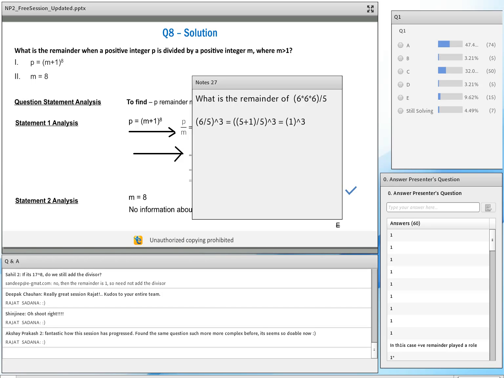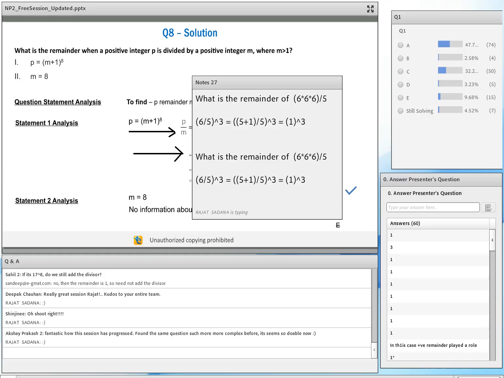Okay. If I change 6 to 7, yes, exactly. If I change 6 to 7 over here, I'm going to copy all of this. Let's just do this, Omar.